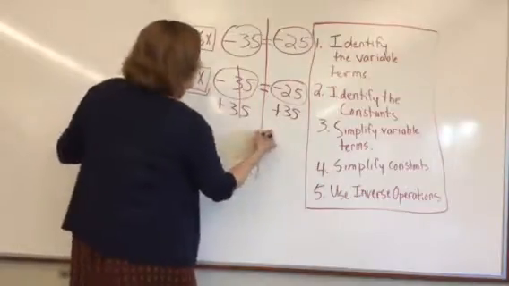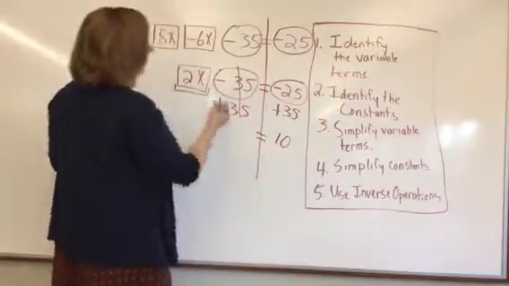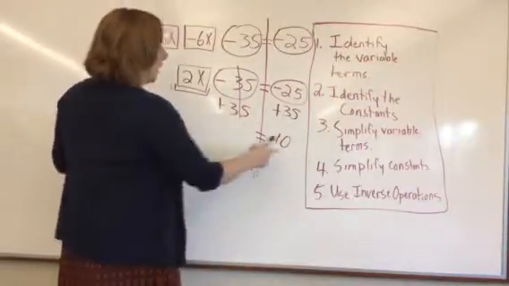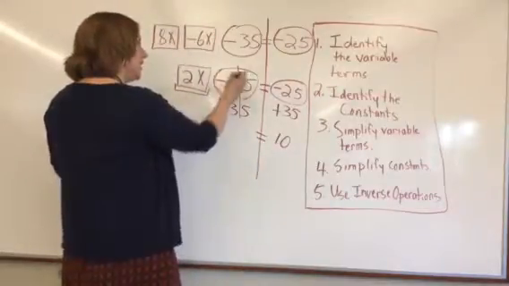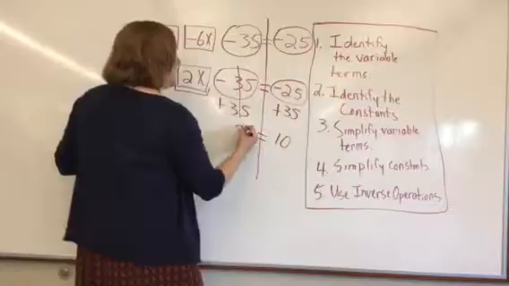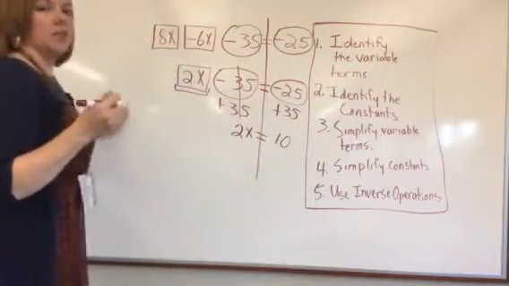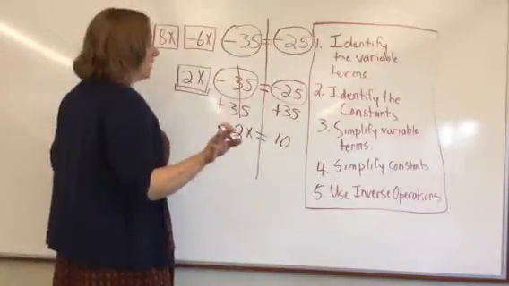I'm looking back up here to make sure that I did everything correctly. What I have on this side is 10, and on the left, this is gone, but I still have my 2x. Now, if you look at this, you might realize that what we're looking at now is a single step equation, just like we dealt with in the last video.